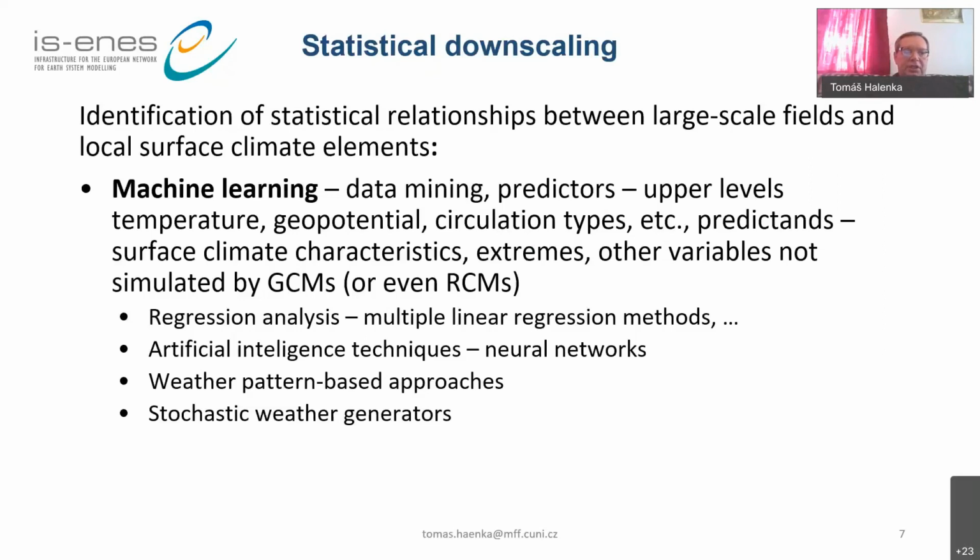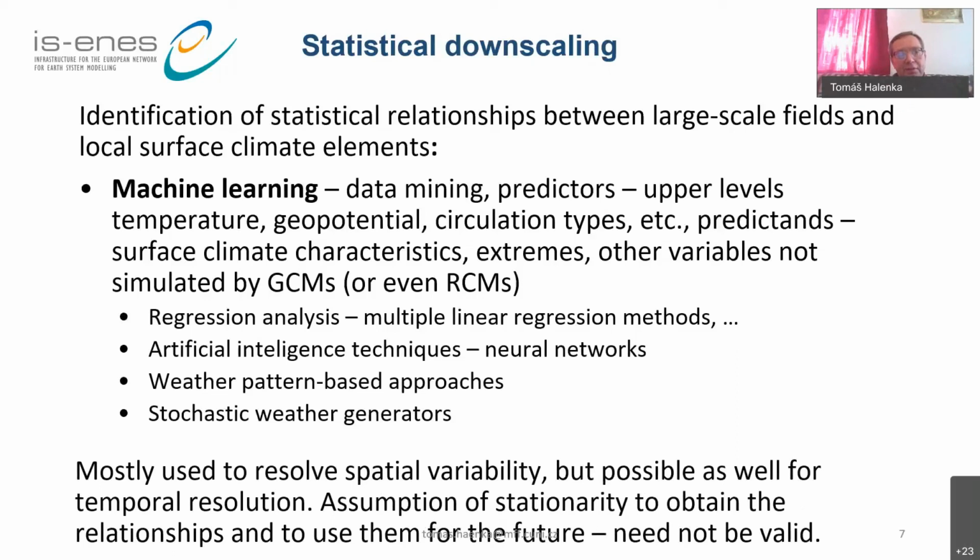There are some methods mentioned here: regression analysis, a very standard technique, multiple linear regression. You can use artificial intelligence techniques, neural networks, and other pattern-based approaches, and we can also include a stochastic vector generator, which I mentioned at the end of my presentation.